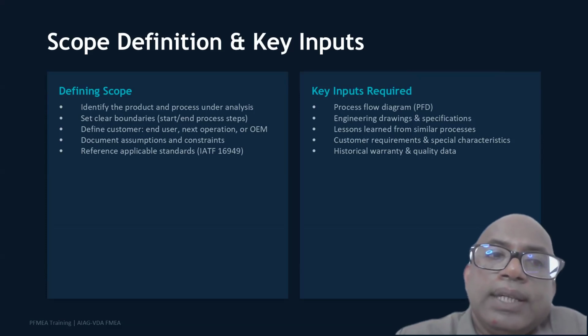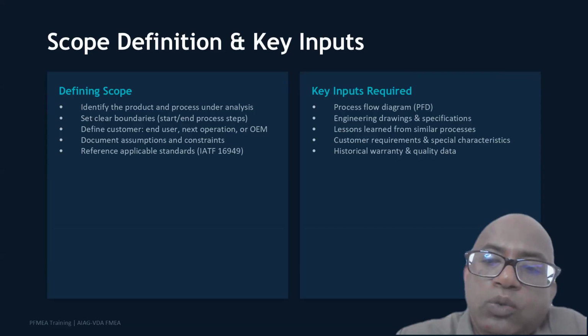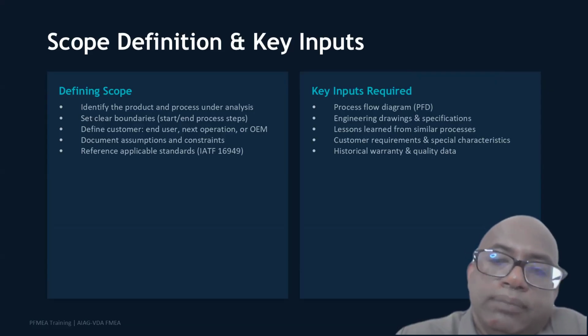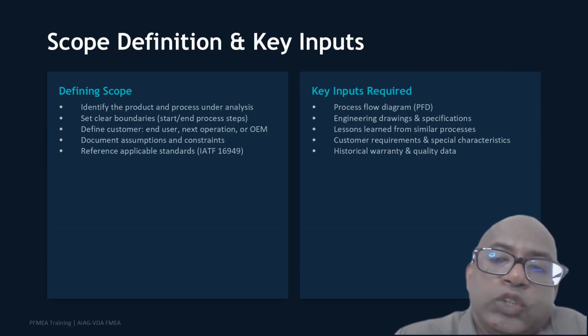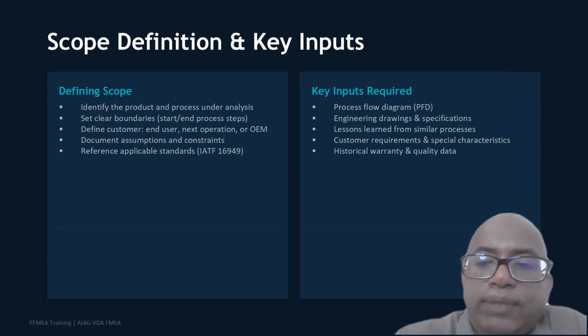And then set clear boundaries. That means you have to clearly define your scope, and define the customer, end user, next operation, and OEM, original equipment manufacturer. All these you have to identify very clearly.